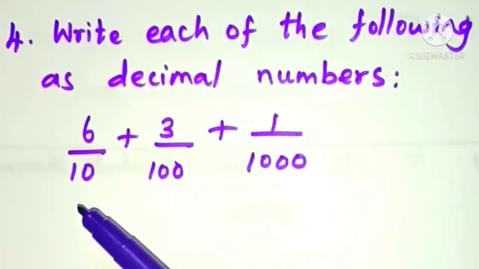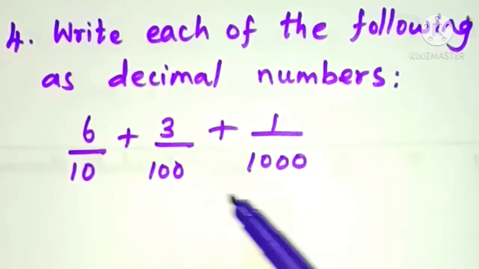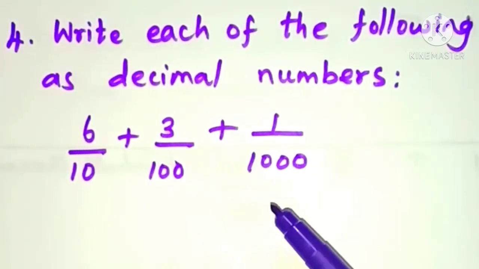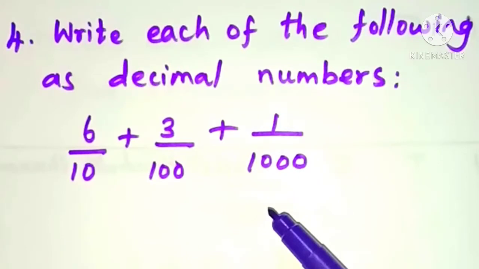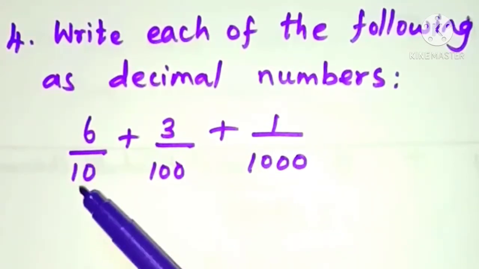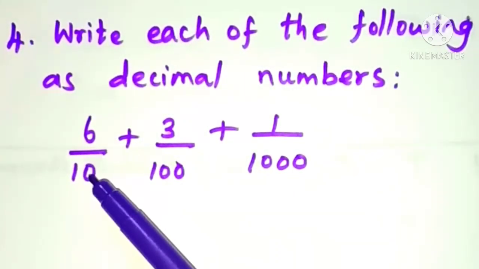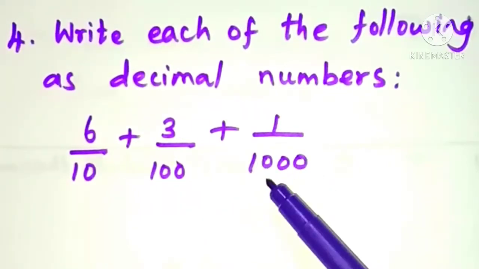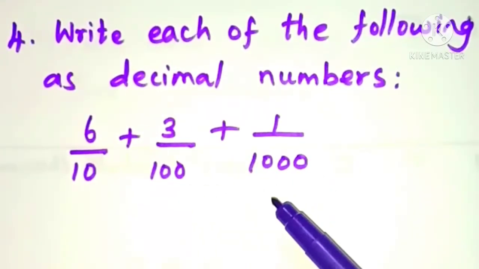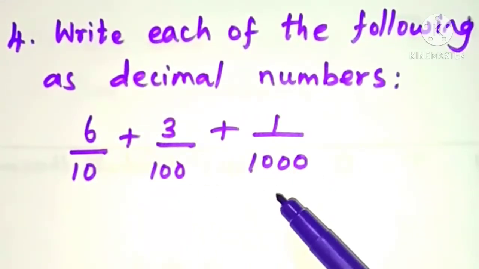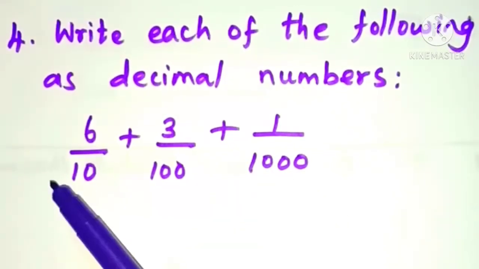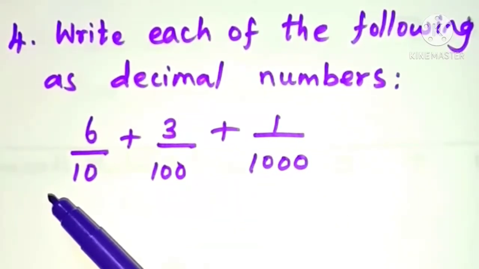So here the expansion is given, and we have to write the decimal form. And here we know that 6 by 10, 3 by 100 and 1 by 1000 are the digits in the decimal part. So there are no digits in the whole part.